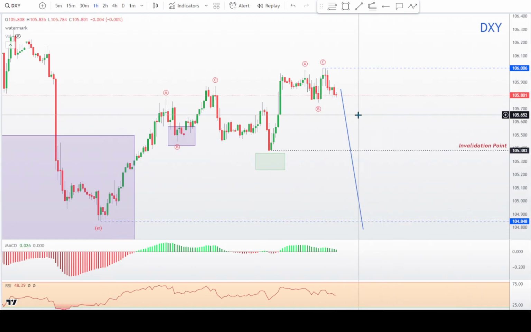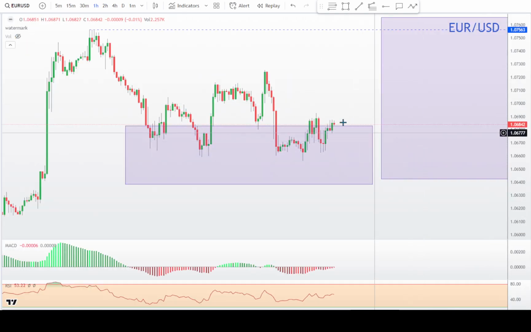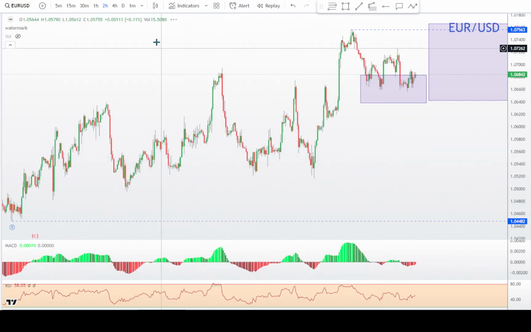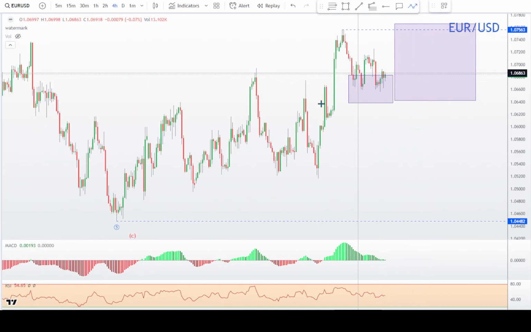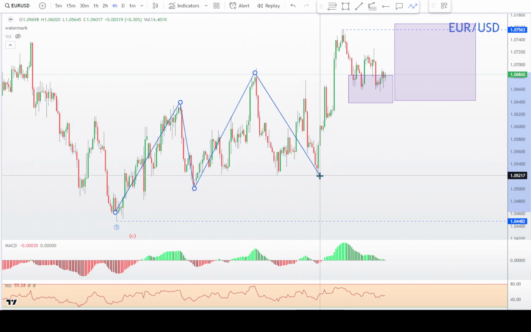And then when we look at the euro, this is also kind of supporting that thesis. Go back out to a 4-hour. Last week I said that I thought this was 1, 2, 3, 4, and then this I thought was 1, 2, 3 for the 5th wave.